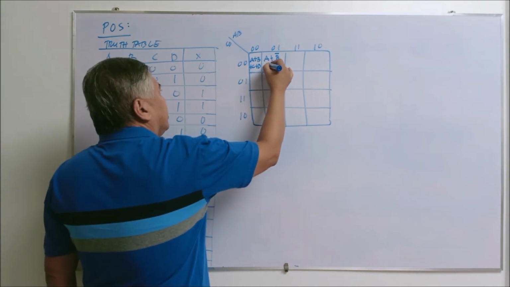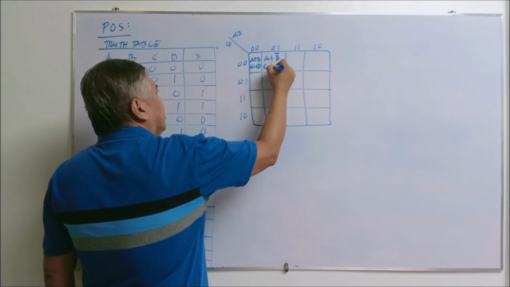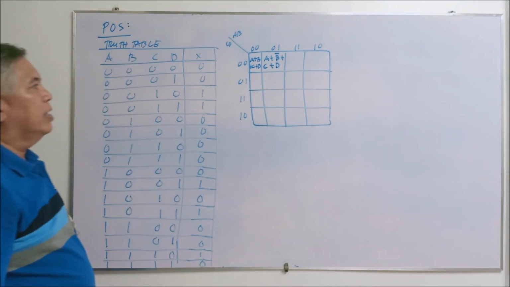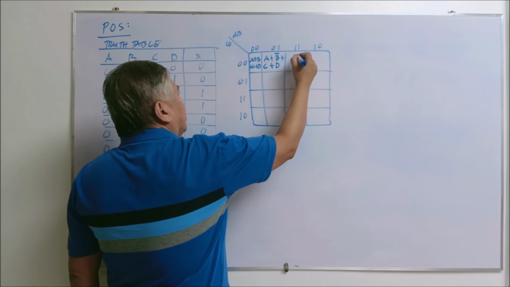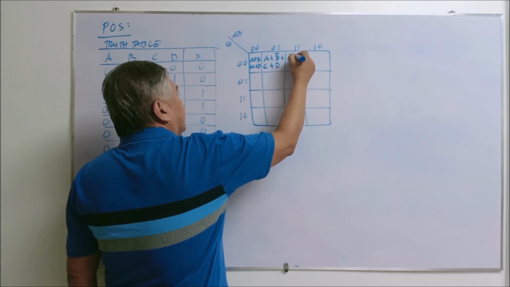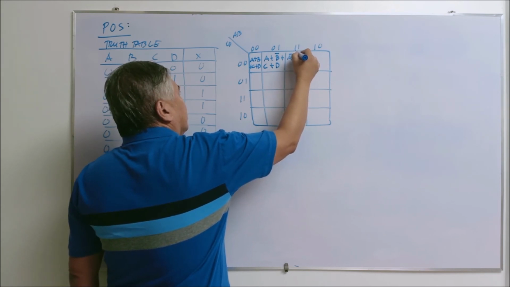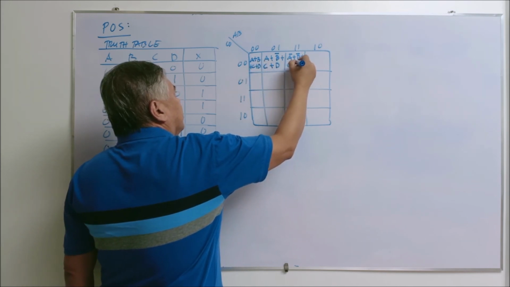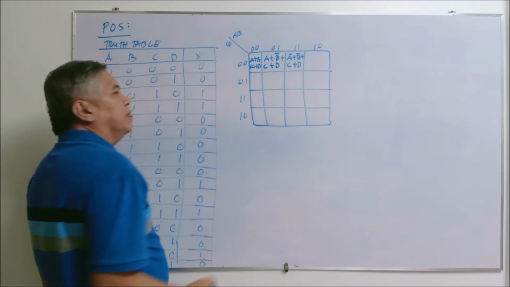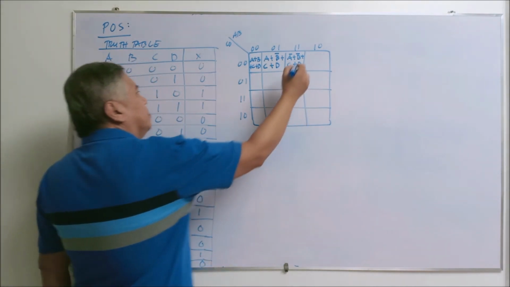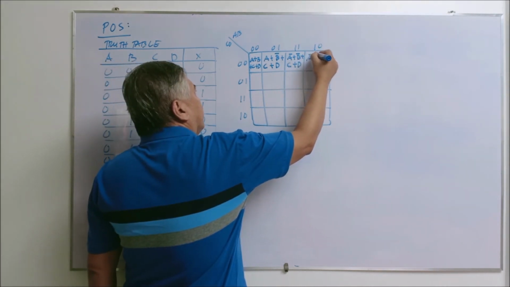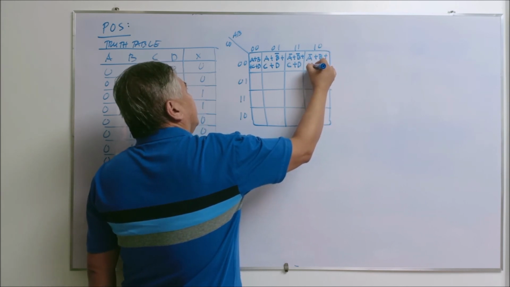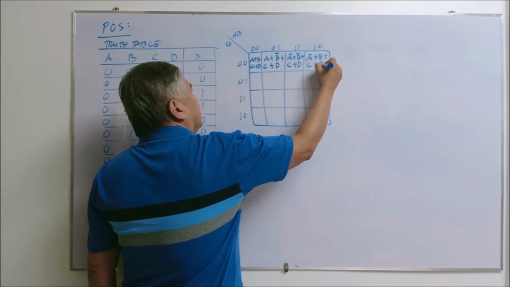Then C is 0, so you have C plus D. Then A is 1, so you have A complement plus B complement plus C plus D. Then you have A complement plus B plus C plus D.